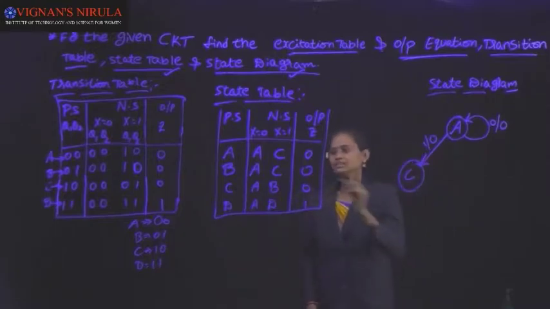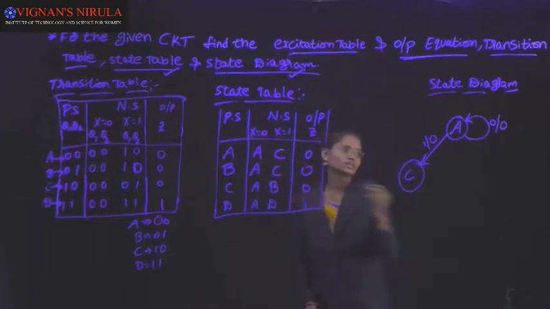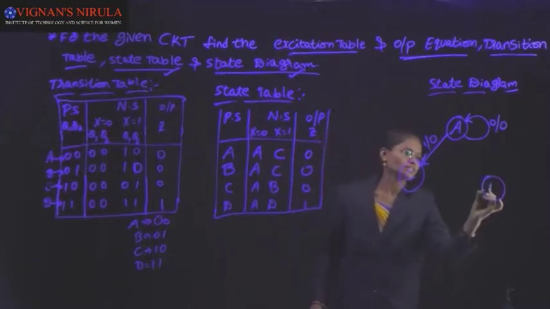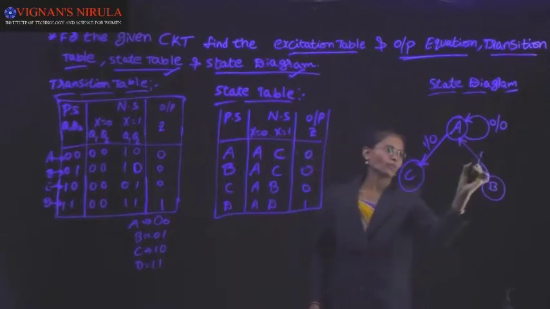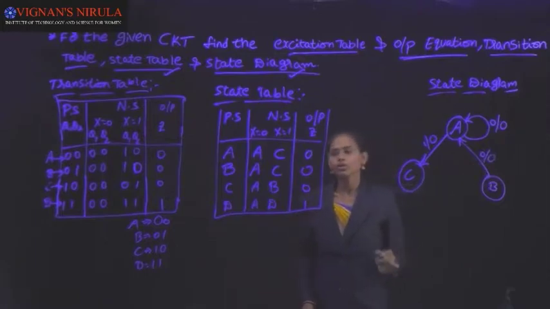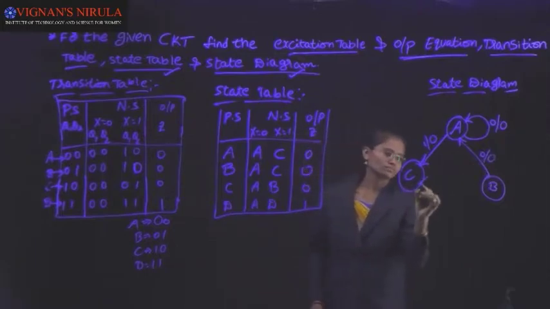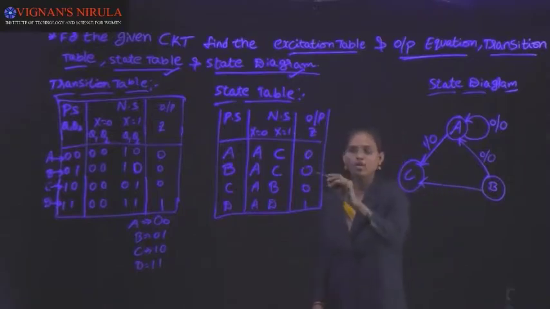Next, B state: if x equal to 0, the next state goes to A, with input 0 and output 0, that is 0 by 0. If x equal to 1, the next state goes to C, with input 1 and output 0, that is 1 by 0.